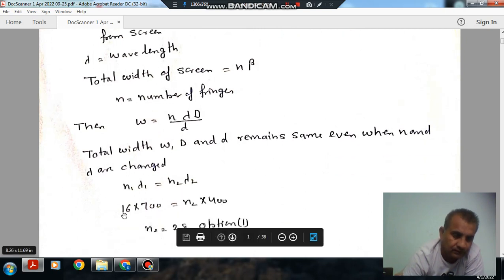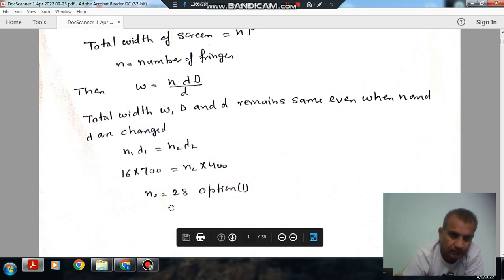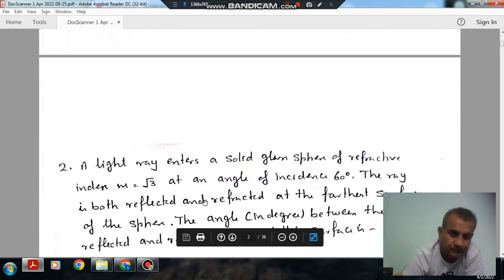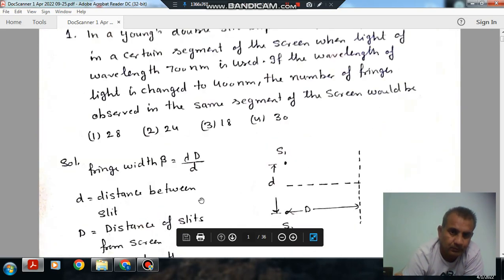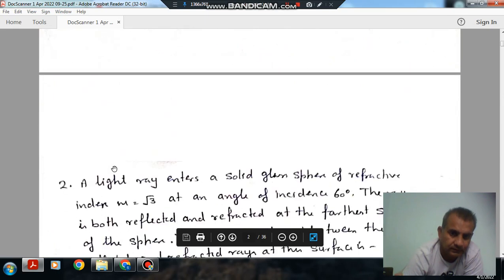Here n1 is 16 fringes and wavelength is 700 nanometer, and the second wavelength is 400 nanometer, so n2 is 28. Option 1 is right.